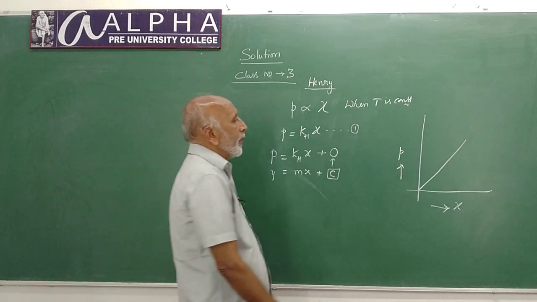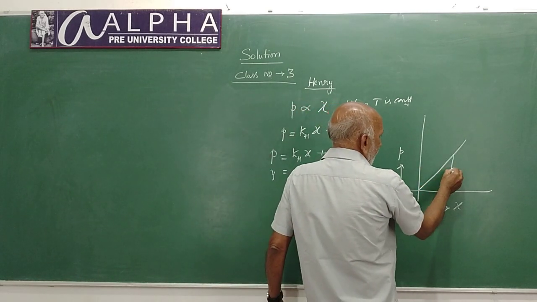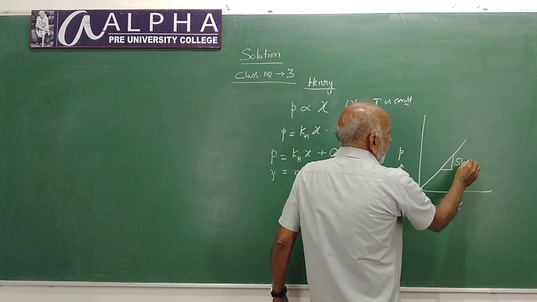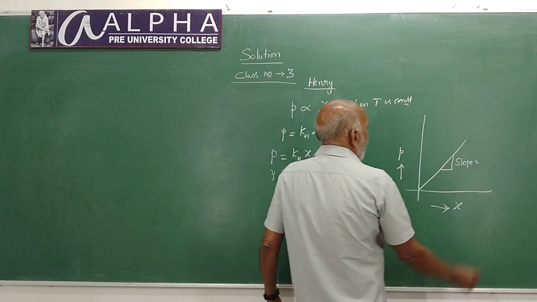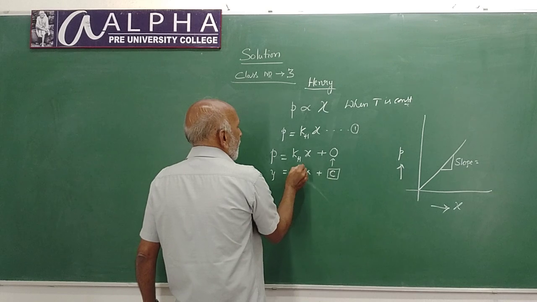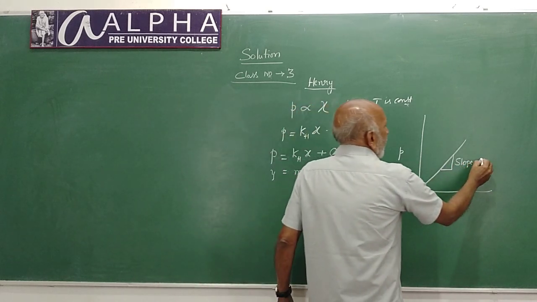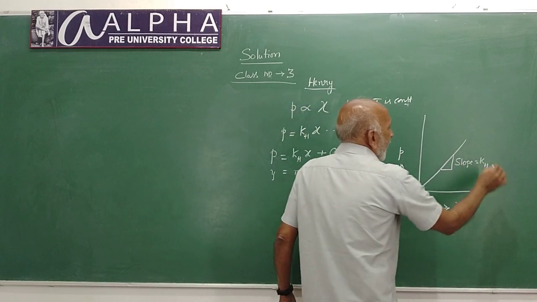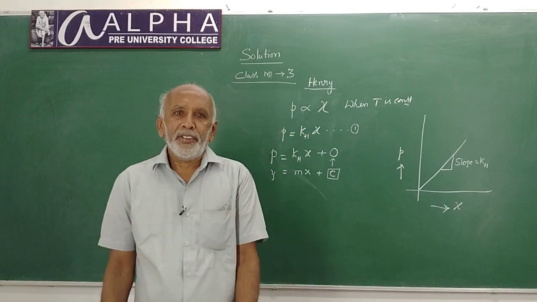Now, the slope of this plot gives the value of m. What is m? KH. The slope of the plot gives Henry's constant.